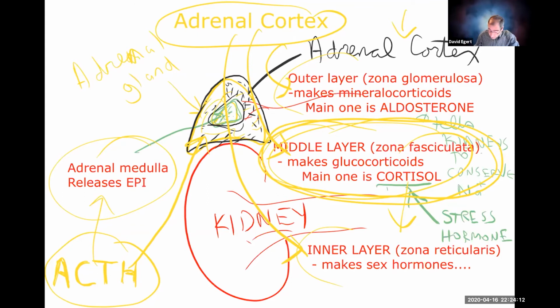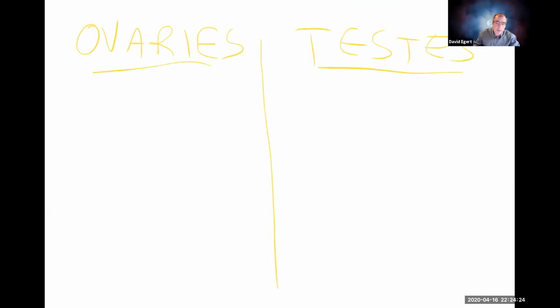So I'm just going to really briefly touch on them right now. Obviously they have two roles. One role is making the gametes. The ovaries are going to mature the eggs, the testes mature the sperm. But they also obviously are important endocrine organs.